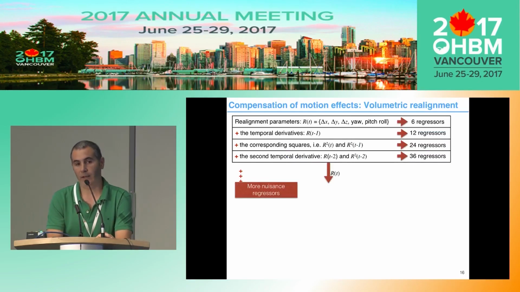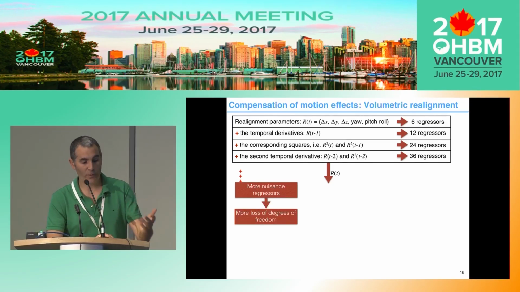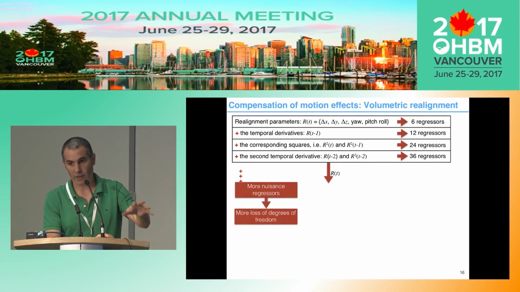Then the next thing that is very popular is to use those realignment parameters as nuisance regressors in your model. You could incorporate the realignment parameters, so you will have 6 regressors, or their temporal derivatives to account for shifts in the signal, or the corresponding squares of those regressors, so you will have 24 regressors.